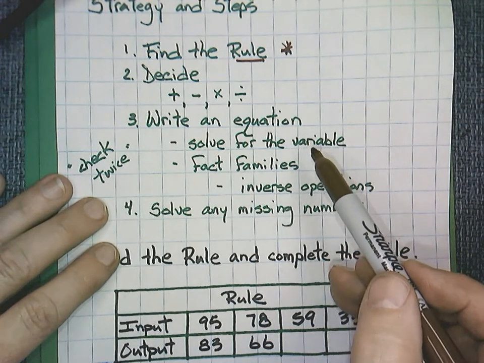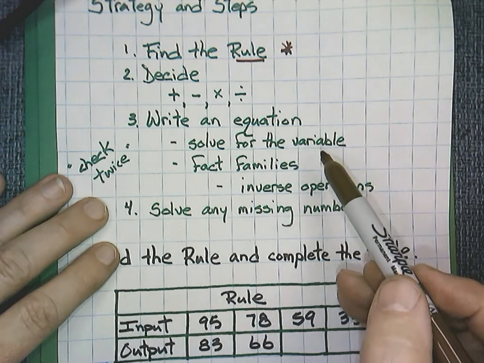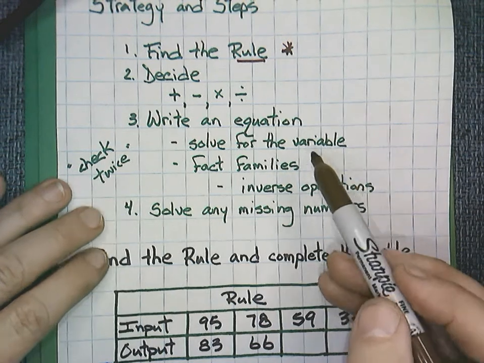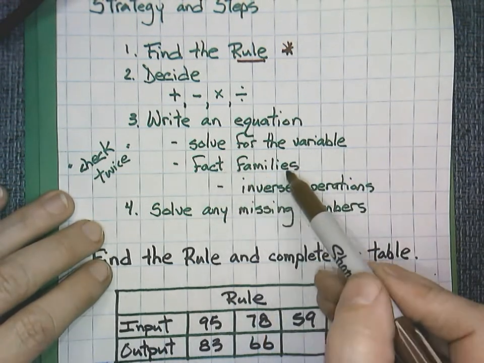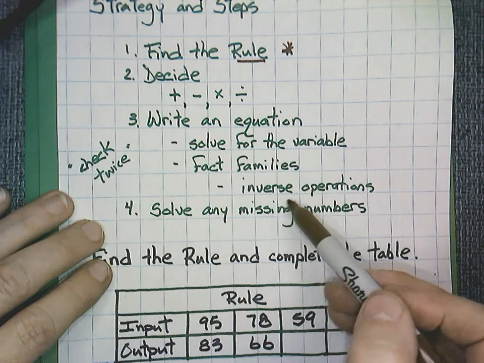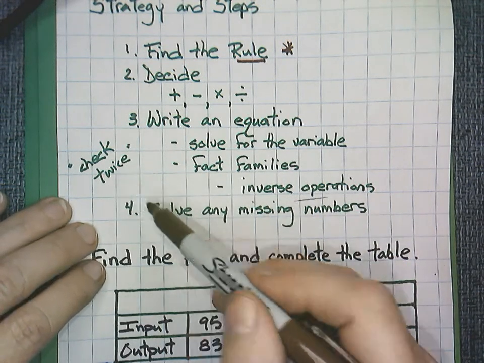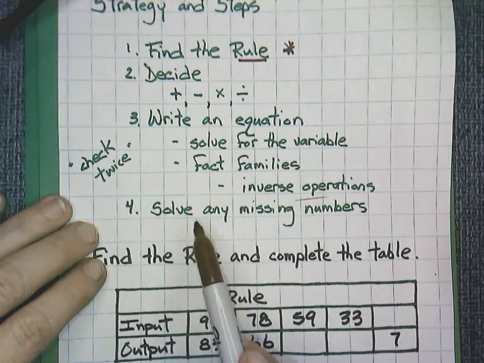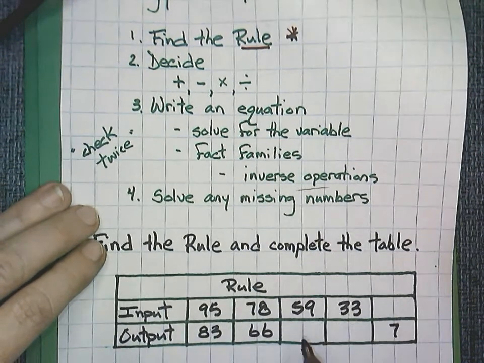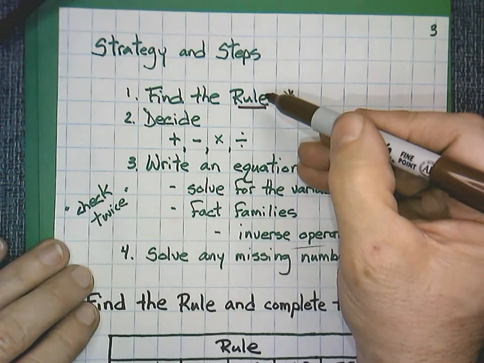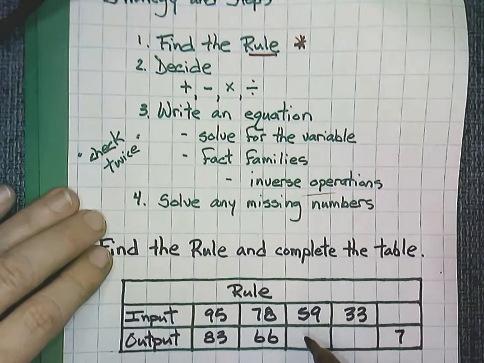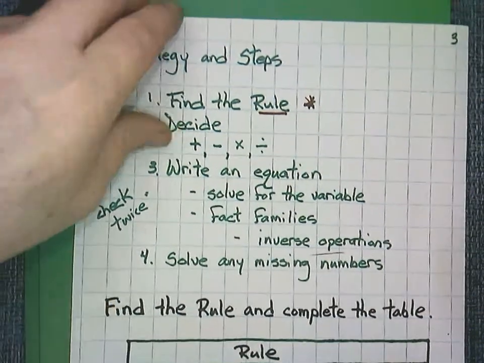On the previous page, we said our variable was n, and that represented the number we were looking for. Keep in mind your knowledge of fact families or inverse operations, and it's always a good idea to check twice, and we'll get into that. And then you would solve for any missing numbers. For example, here you can see that we have several missing numbers, and that's where we use the rule to find the missing numbers.